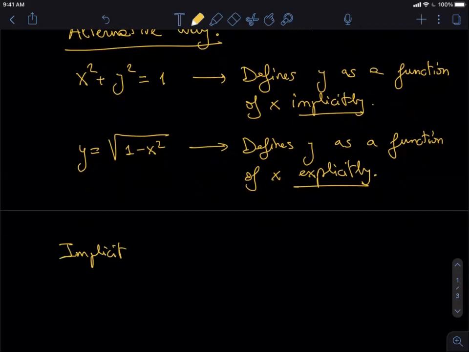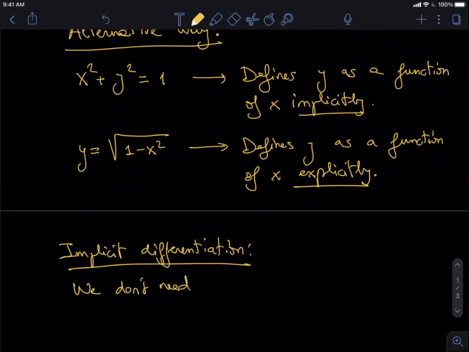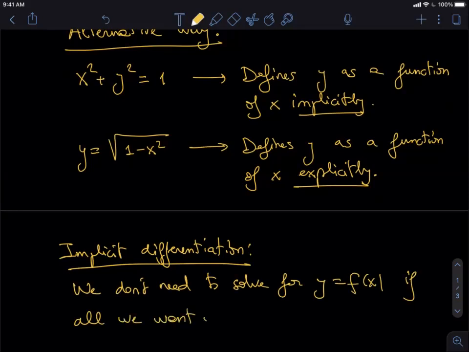Okay, so implicit differentiation. The magic here is that we don't need to solve for y equals f of x if all we want is to compute dy dx.